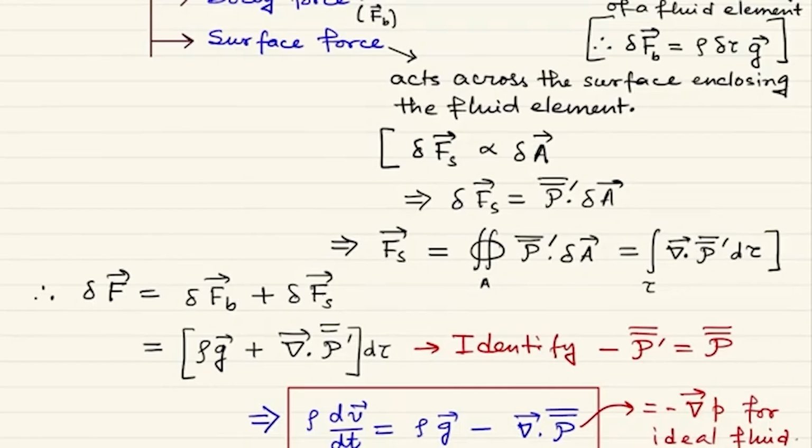We know for an ideal fluid this is minus divergence of P, and minus divergence of P is even simpler for the Maxwellian case, minus gradient of P. So we again get back our ideal fluid equation starting from macroscopic considerations.